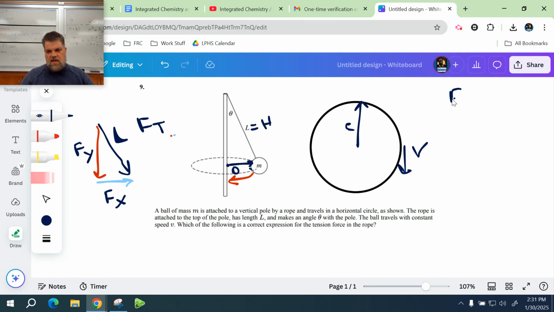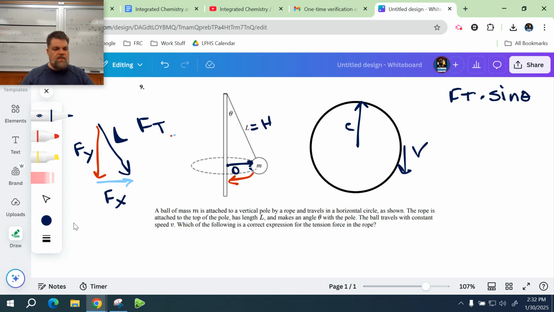I should also point out that F_t times sine of theta is going to give us our x direction. Okay. So the horizontal component of the tension can also be calculated based on the centripetal acceleration of the ball.